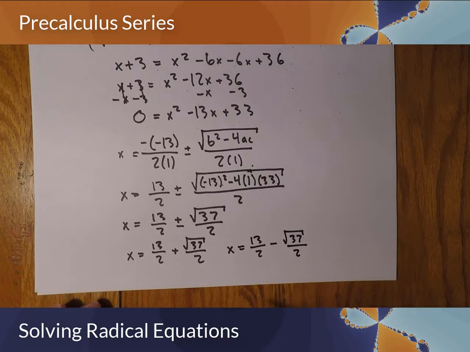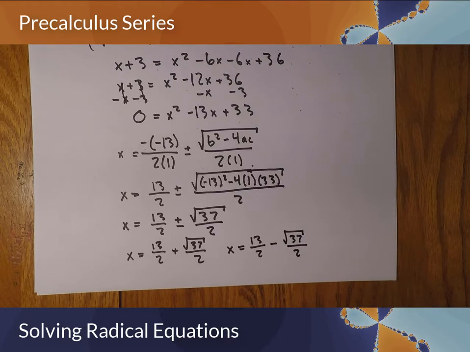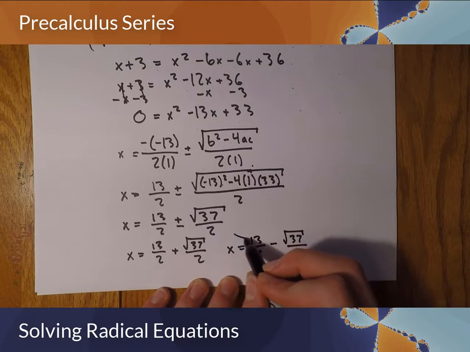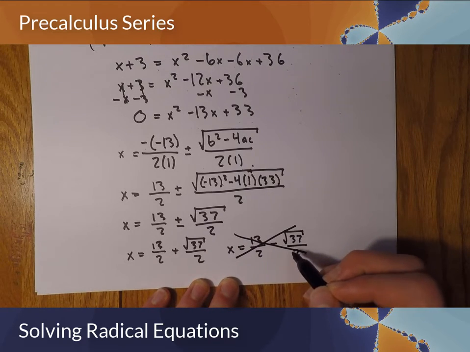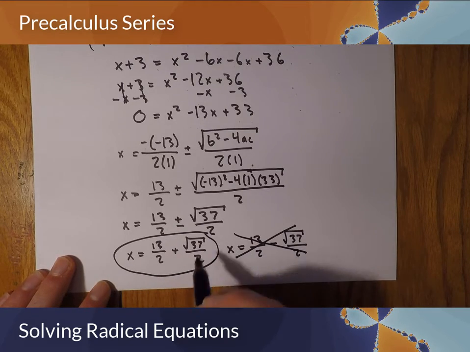And so now what you have to do is plug this into the equation and see if you get a nice result. I already checked this. This is a lot of work just to plug it in algebraically. If you just plug it into your calculator, what you'll find is that this value right here is not a real solution, and this value right here is a real solution.